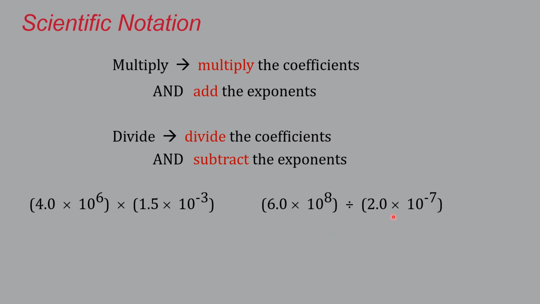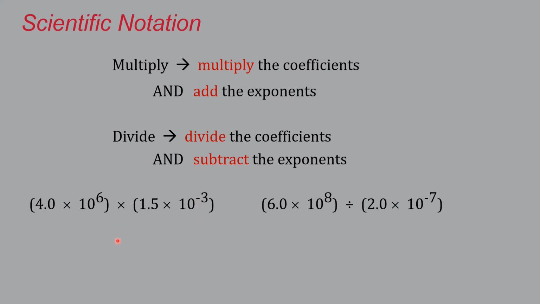Actually, before I do that, I'll give you another example here for division. The rule here is that if you're doing division, you simply divide the coefficients and you subtract the exponents.